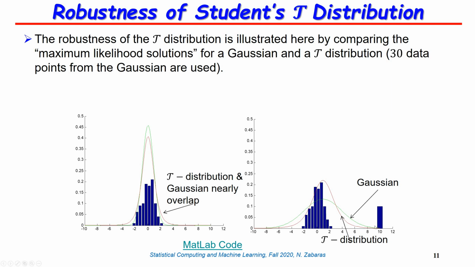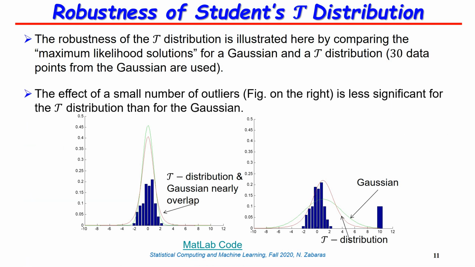It does little effort to adjust to this outlier. So this is what we call robustness to outliers. And these types of distributions like the student T that have heavy tails are robust to outliers, and this has significant applications, as we will see.